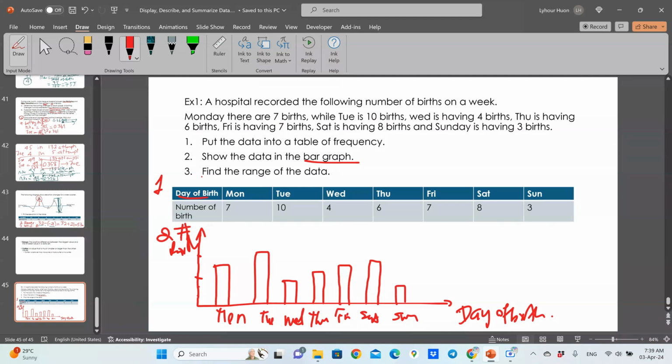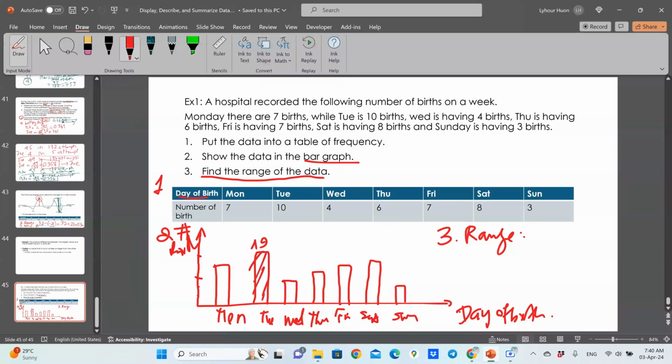How do we find the range? Number 3. We subtract the lower value from the higher value. From this bar graph, we can easily figure out the highest value and the smallest value. The highest value is Tuesday, and the lowest is Sunday.